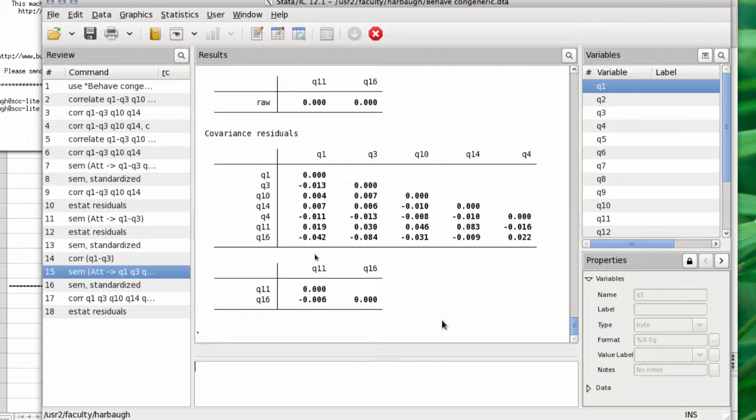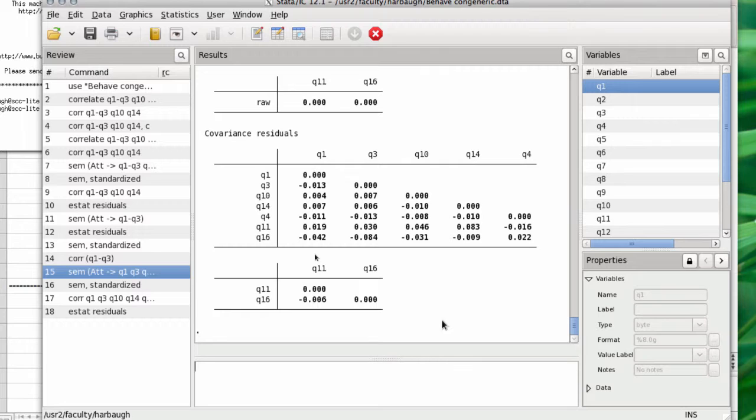Something suggesting that for some reason those look to be the covariances that were the farthest off. So it's 14 and 11. And the other one was 16 and 3.